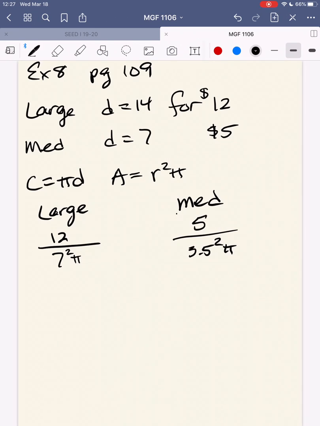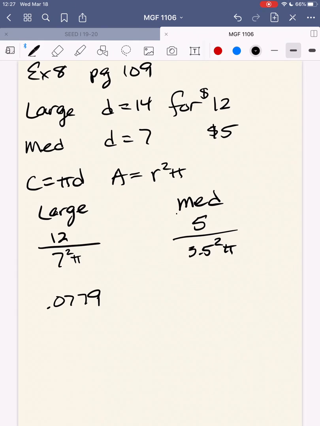Okay, so if I go ahead and do the math, I'm doing the math right now, I get 0.0779, and I'm going to kind of stop there.